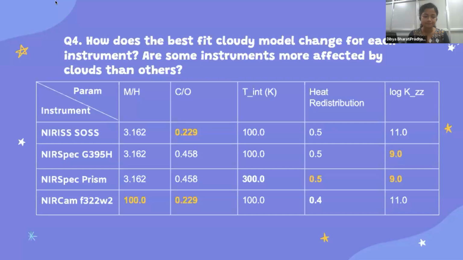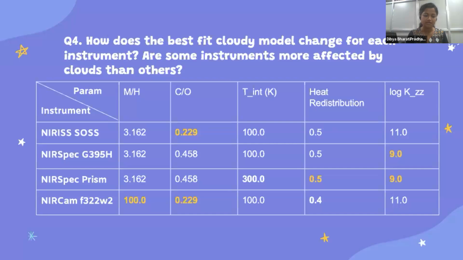So here, for NIRISS, NIRSpec PRISM and NIRSpec G395H, all three have the same metallicity of 3.162.